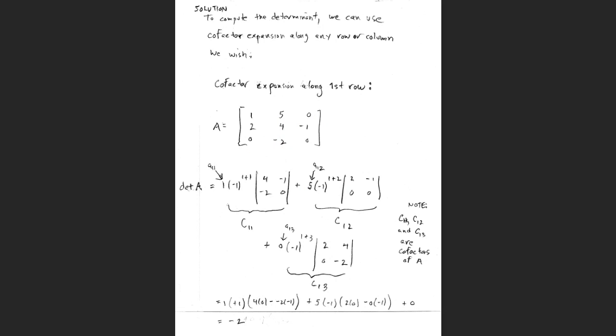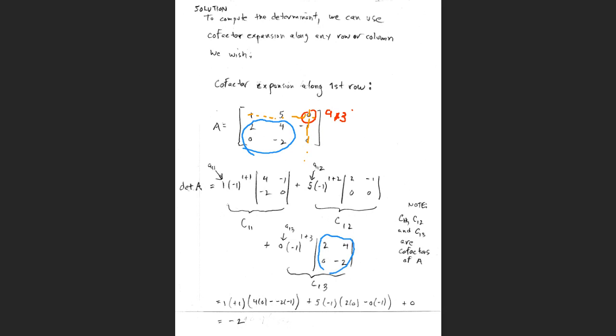Now let's go to the third entry in the first row. That's the 0. That's a sub 1, 3. And since that entry is in the first row, third column, we block out the first row, third column. And then this is the 2x2 matrix that results. And that's what goes here.